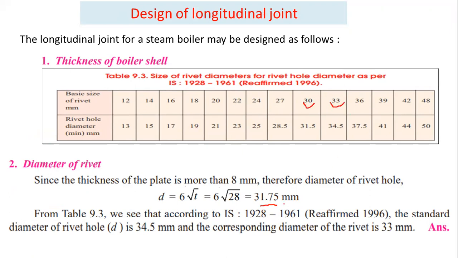So the nearest value to 31.75 is 33, and this is the corresponding size of rivet hole. So the standard diameter of the rivet is D equals 33 mm, and 34.5 mm is the rivet hole diameter.